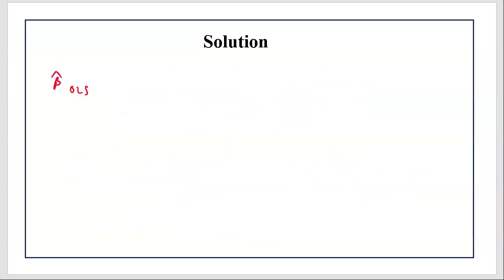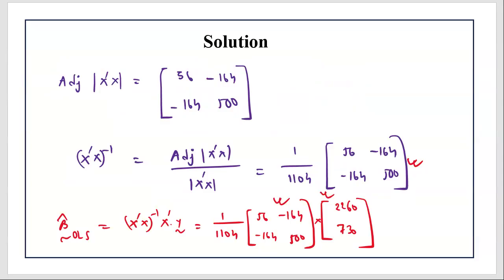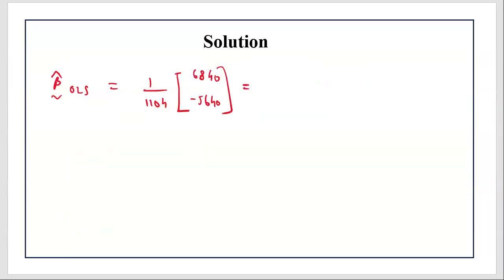So beta cap OLS will come out to be 1104, 6840, and this will be minus 5640. You can do this calculation, multiply this matrix with this matrix, you will get this figure.